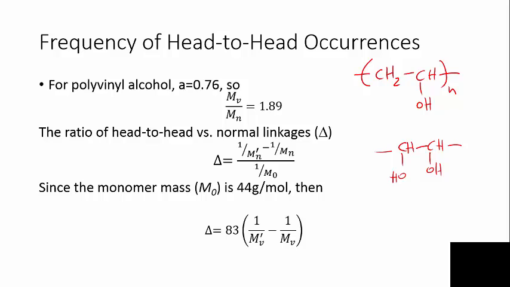So then we'll measure the ratio, delta, the ratio of the polymer weight averages, the undegraded polymer and then the polymer that got cleaved at these head-to-head linkages, which would be a smaller polymer.